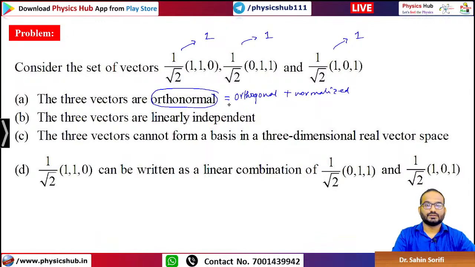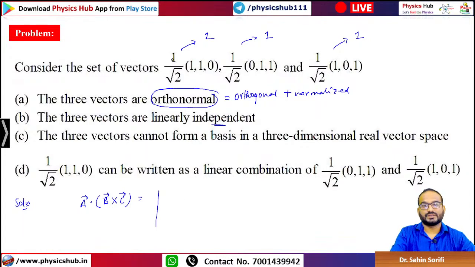So the first option is not correct. Now let's check linearly independent or dependent. So look, the concept is simple. I'm just giving you multiple problems just to make you understand one simple fact, that A dot B cross C is the way to check it.